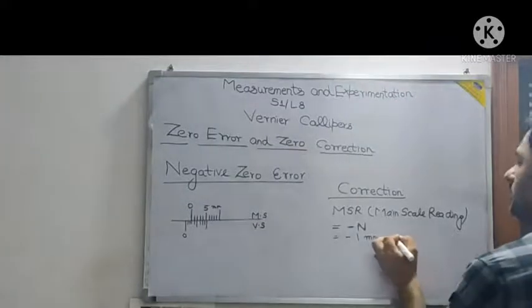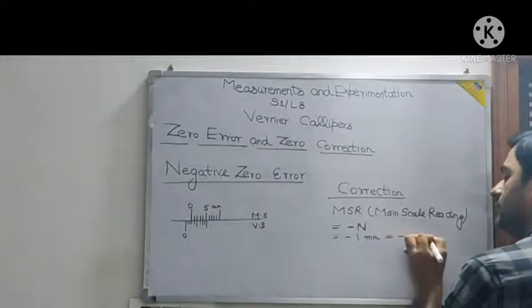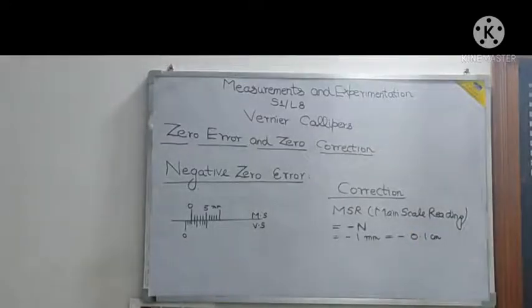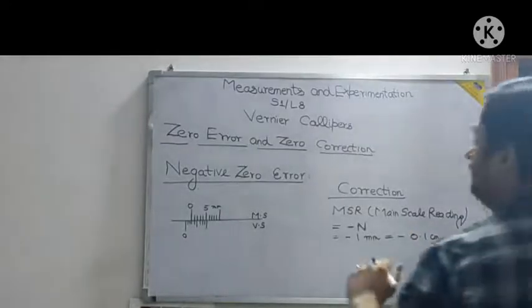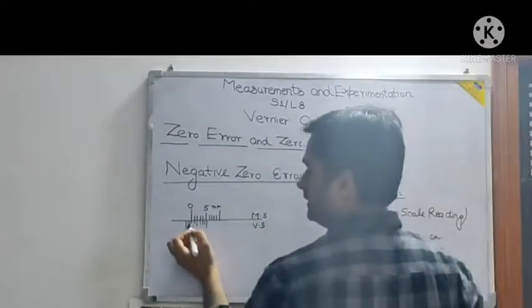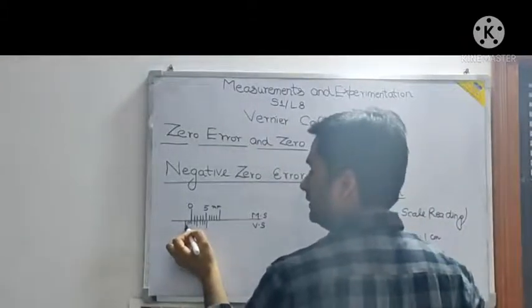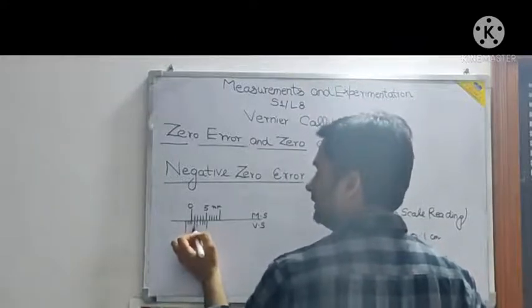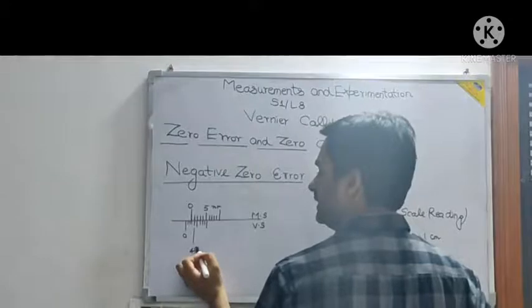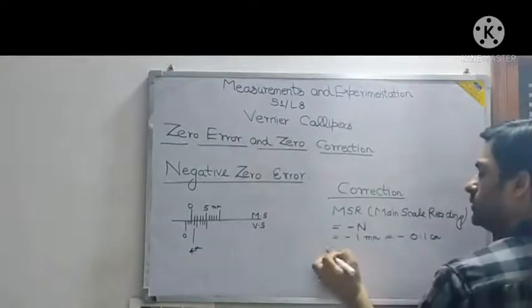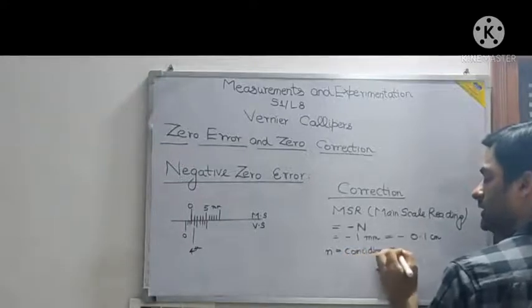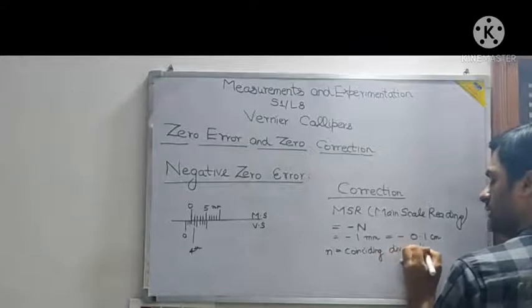That means minus 0.1 centimeter. Then what next do we have to see? You have to check which division is coinciding. Suppose here 0, 1, 2, 3, 4. Suppose the fourth division is coinciding. So n is called the coinciding division, that is the fourth division.